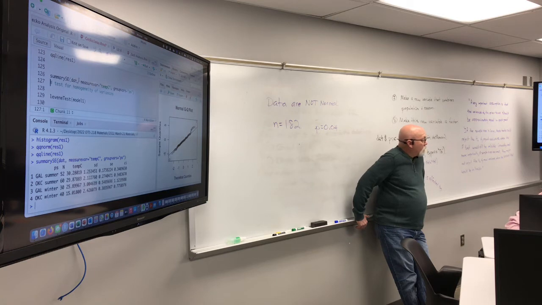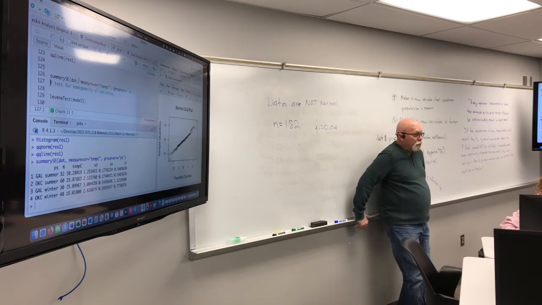Central limit theorem. We're making inferences about the mean, and the central limit theorem says that if you have large enough sample sizes, the distribution of sample means will be normal regardless of the shape of the underlying distribution those sample means are drawn from.